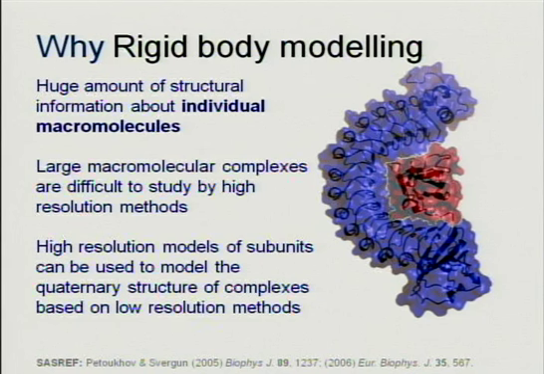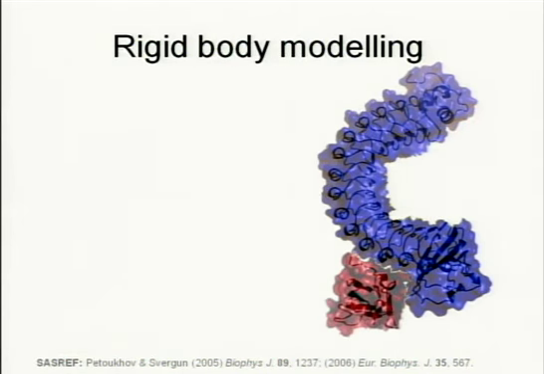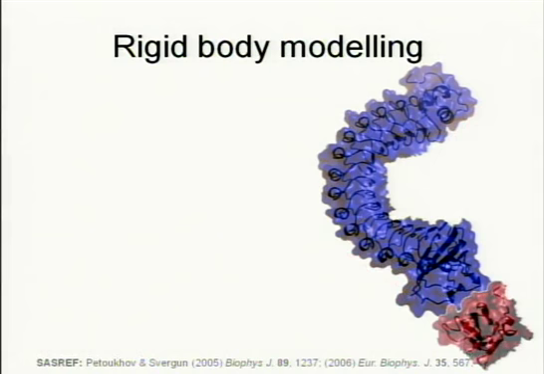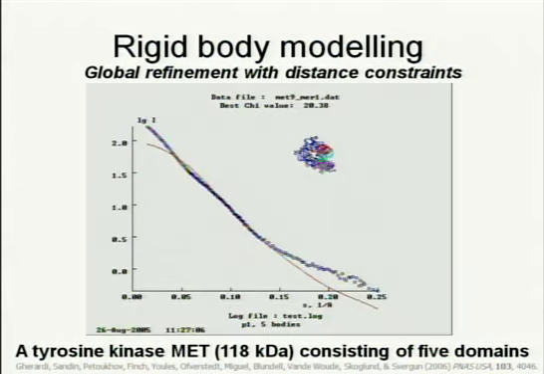Large constructs are too big for NMR and difficult to crystallize. So this way you can try different superimpositions of the individual subunits to see if the complex would produce scattering that would fit the experimental data.